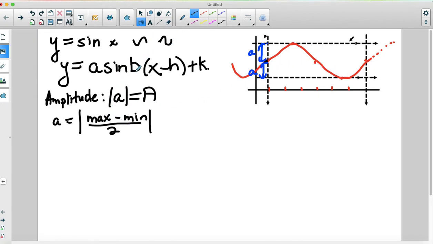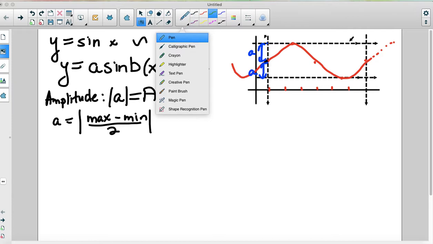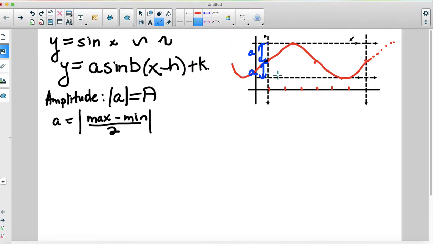So the B has to do with the length of your one cycle. A sine function is periodic. It repeats itself over the same period, and that's one cycle. So right here to the end of where it comes back to the same space, this is considered one period. We'll do that distance right here in green. So from here to here is considered the length of the period.